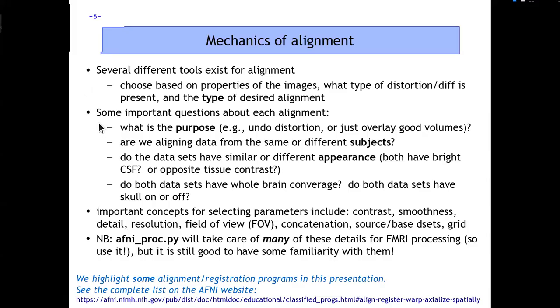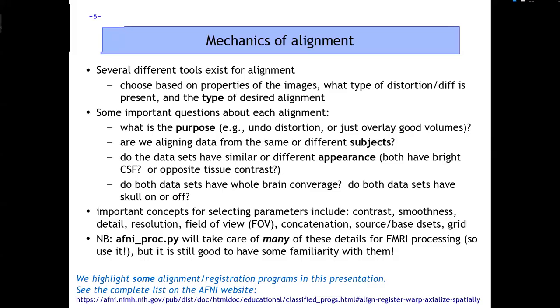Are we trying to undo distortion, or are the volumes good volumes? Or is it the same subject, or is it two different subject volumes that we're aligning? Do our data sets look very similar, or are they different? Sometimes we align data where the ventricles are bright to data where the ventricles are dark. And so we have to know about that to tell our program to match those things up.